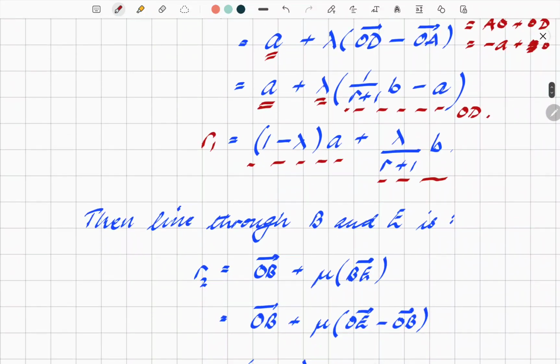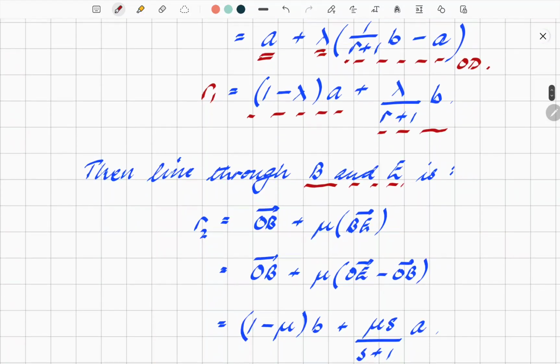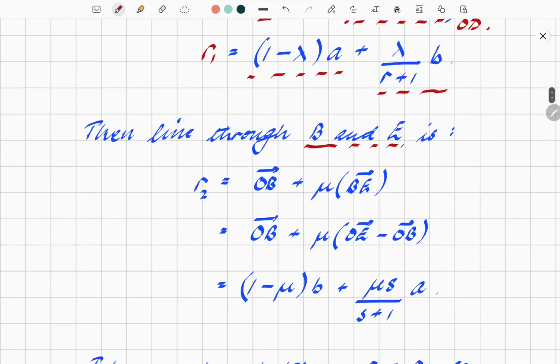Then in very similar fashion, exactly the same methodology, the line through B and E. All right. Going from B to E. So that's OB. So we're going to go from O to B and then some element B to E. So OB is your starting position again. Note that.